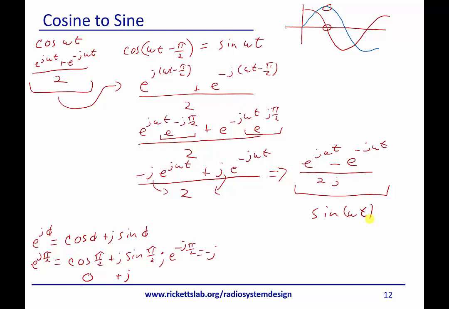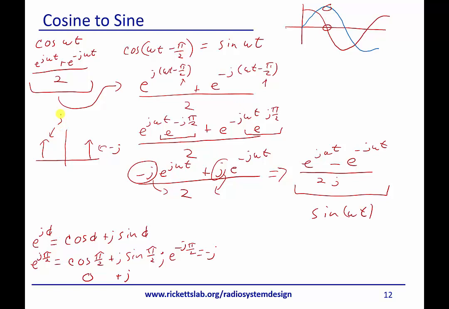Okay. Why did we go through that? Well, what I wanted to show you was that doing a phase shift of pi over 2 ended up changing our exponentials by a minus j and a plus j. So if you look at cosine, we've multiplied this one by minus j, and we multiplied this one by j.